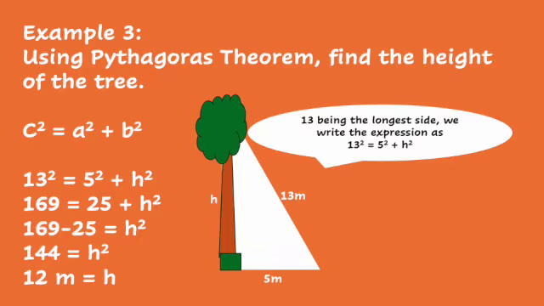Then we simplify and we solve for h square. When we simplify, we get h square to be 144. And then square root of 144 would give us the value of h. So h is 12 meters. That's the height of the tree.